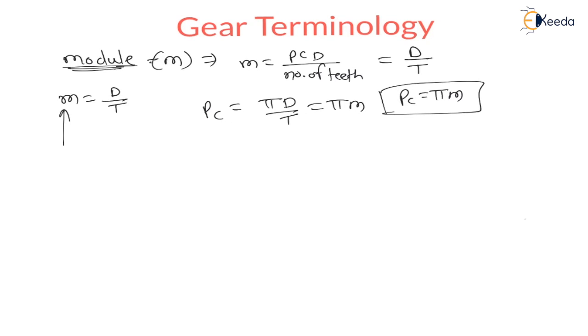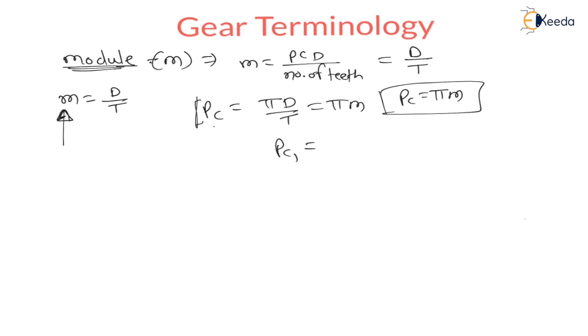But this module is not a dimension, it is not a length. Circular pitch is a length, but module is not a length. And generally gears having the same module mate with each other, right? If there is the same circular pitch, then there is the same module, because pi is constant.